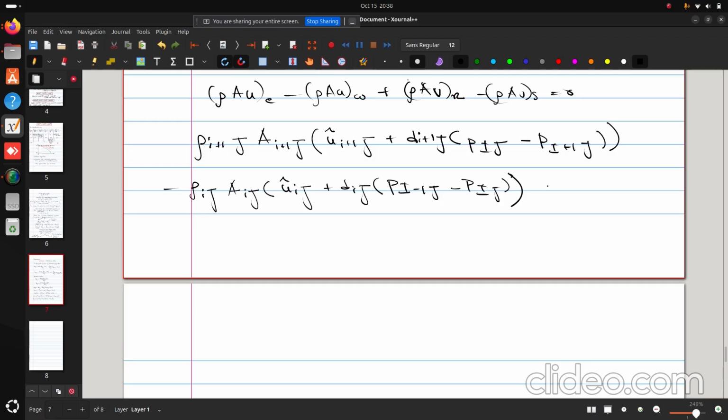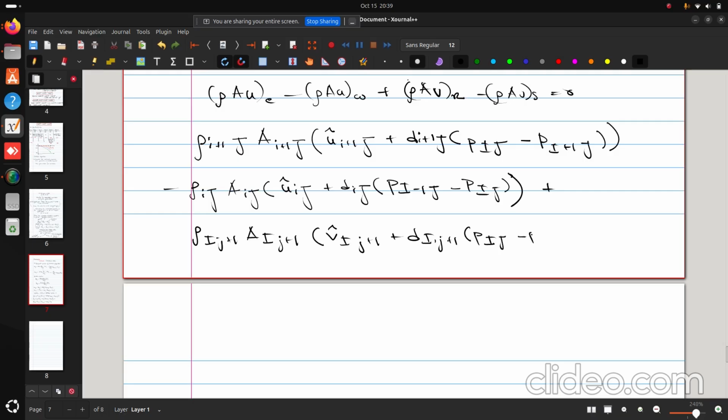Okay, now for the V velocities, it will be rho capital I small j plus 1, A capital I small j plus 1, v hat capital I small j plus 1 plus d capital I small j plus 1 times P capital I capital J minus P capital I capital J plus 1.